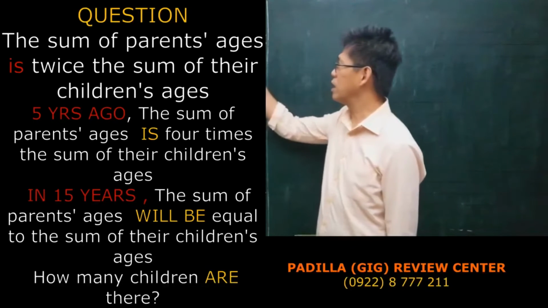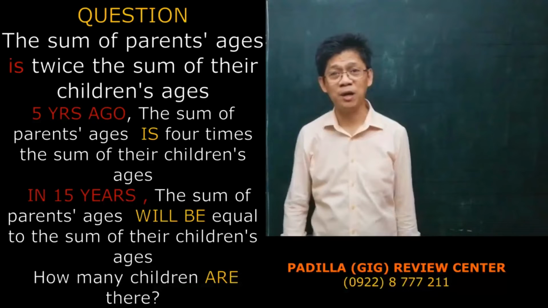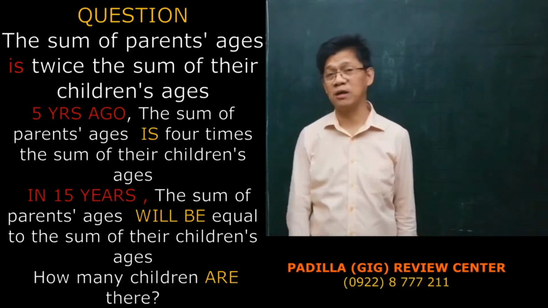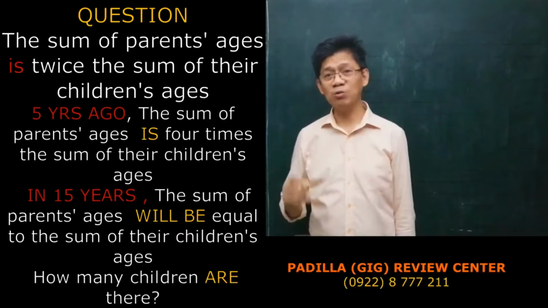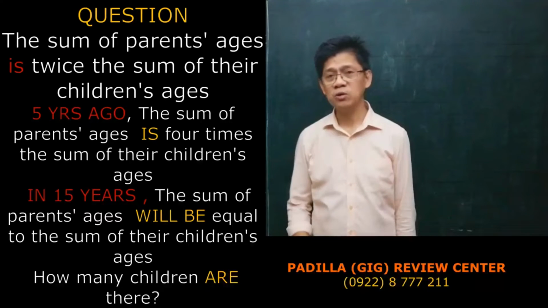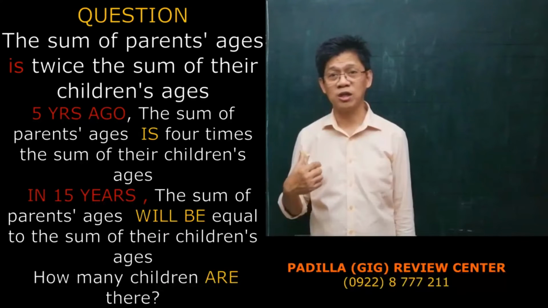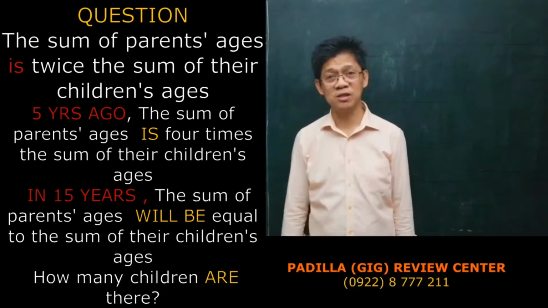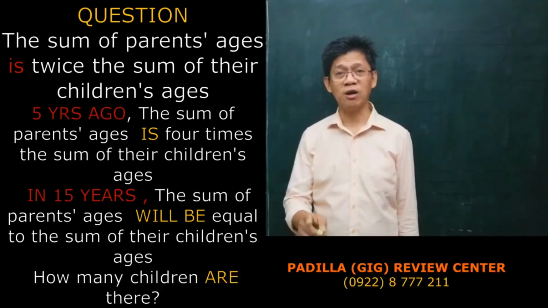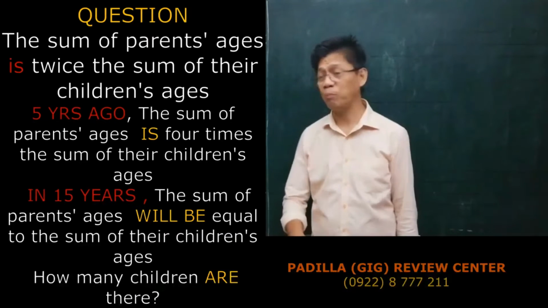Now, we are talking here of parents' ages. Of course, it was not said how many couples or parents there are. But if that would be your frame of mind, you will not be able to solve the problem. So most likely the reason why the examiner did not mention the number of parents is because he was talking of only one pair of parents, one couple.